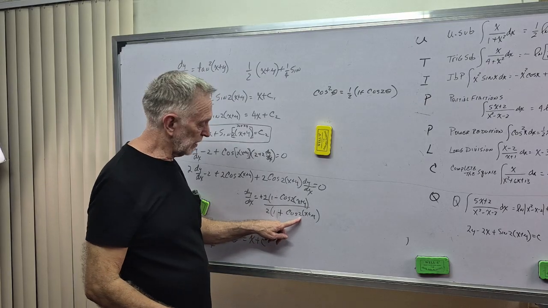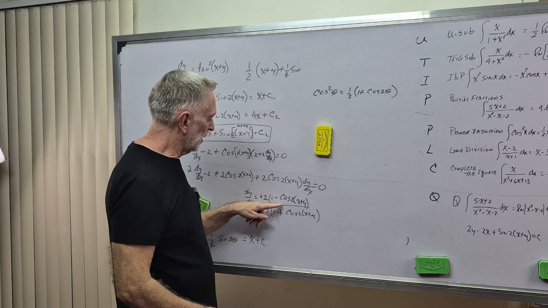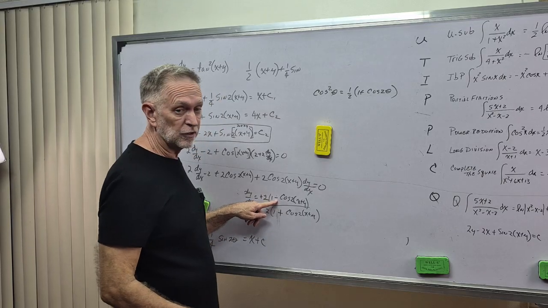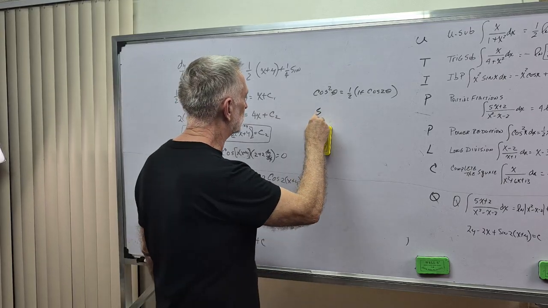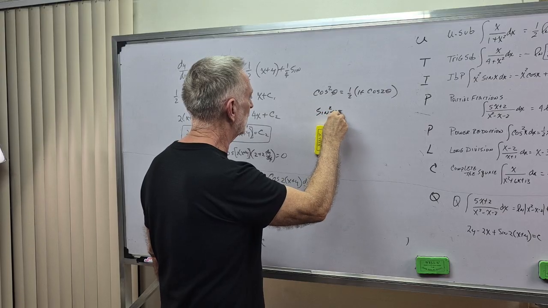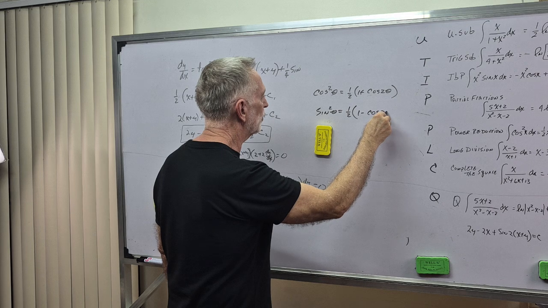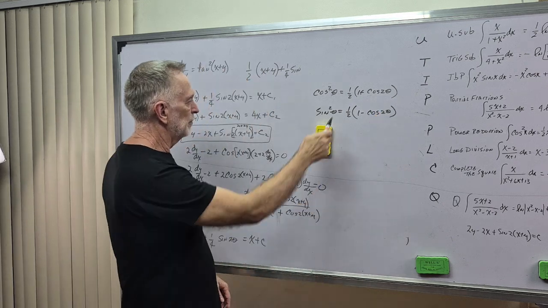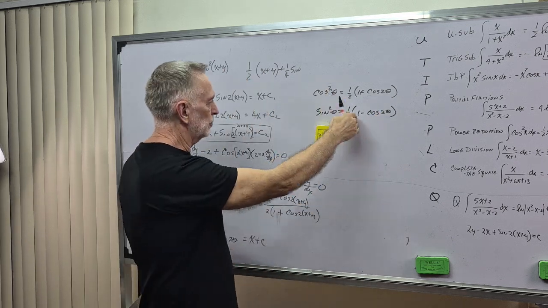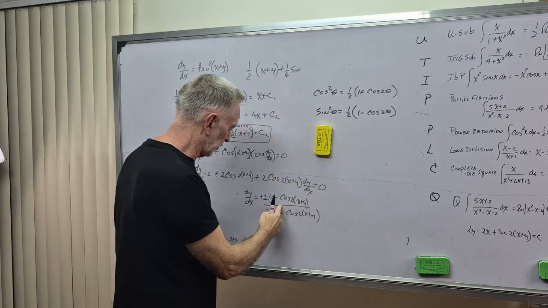So that's cosine squared. In the numerator, that's sine squared, because sine squared theta equals 1/2 times 1 minus cosine 2 theta. Now I'm multiplying it by 2 here, so that 2 cancels, and I just have that term.